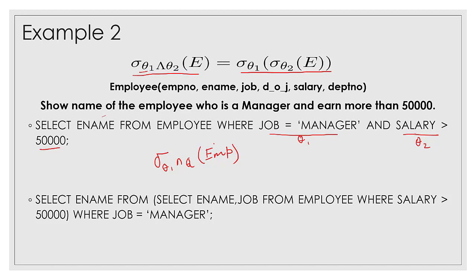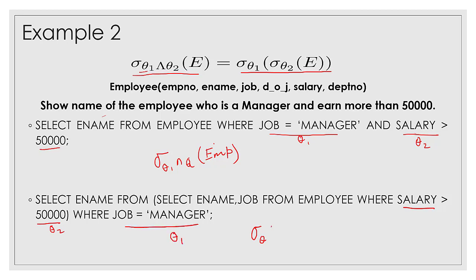Here we are not giving all the data to the outer query. We are selecting those employees and their jobs where the salary is greater than 50,000. So we are performing selection depending on theta 2, and in the first case this is my theta 2, and this is my theta 1.